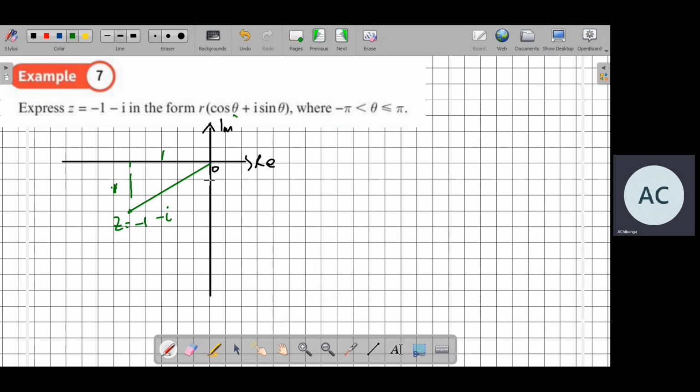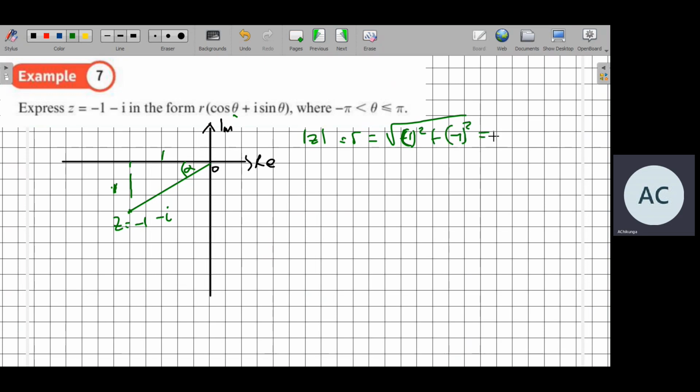We are interested in theta, so let's call this angle alpha. Are we together? How do we find R? That's straightforward. R, which is the modulus of z, is equal to the square root of minus 1 squared plus minus 1 squared. So the answer is just going to be root of 2, isn't it?